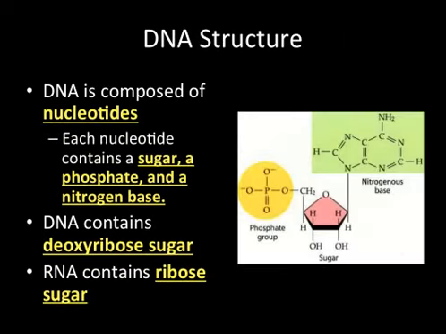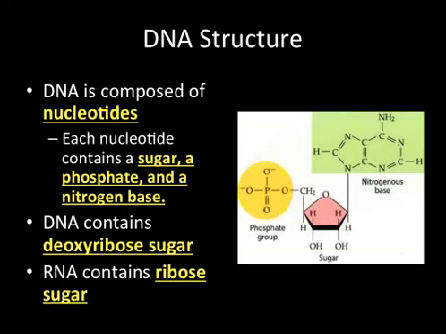So what specifically is the DNA molecule composed of? Because it is a very large molecule and structure that determines the proteins that are made inside of our cells and bodies. DNA is composed of monomers. DNA is the polymer. The monomers are known as nucleotides, and each nucleotide contains a sugar, a phosphate, and a nitrogen base.